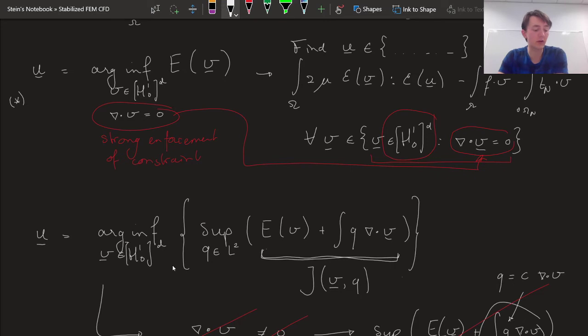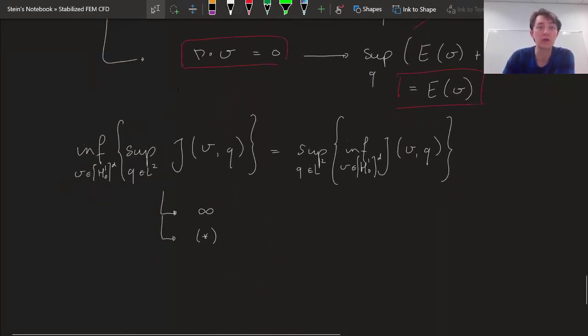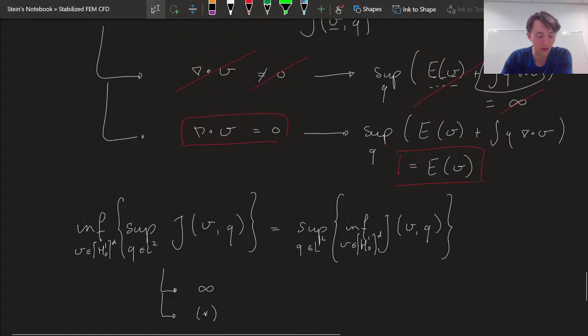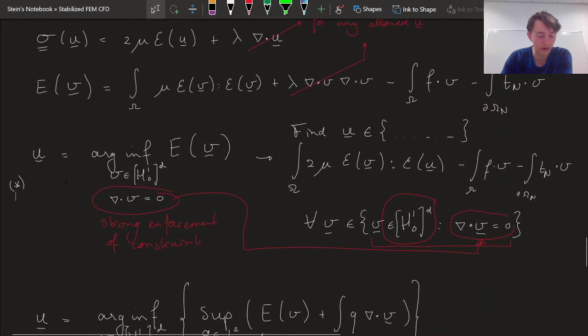Yeah, so that's the solution that we obtain if we have prescribed that all our functions are divergence free. That's the problem that we're actually trying to solve. So the left part of the equality here is either going to be infinite for certain expressions of v, and if it's not infinite, it will give me the solution to the true optimization problem.